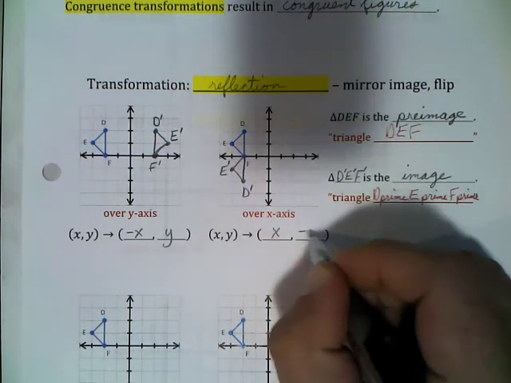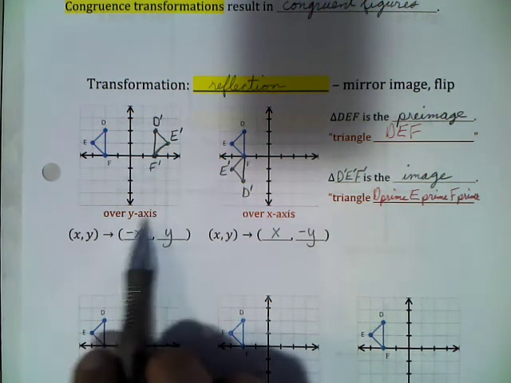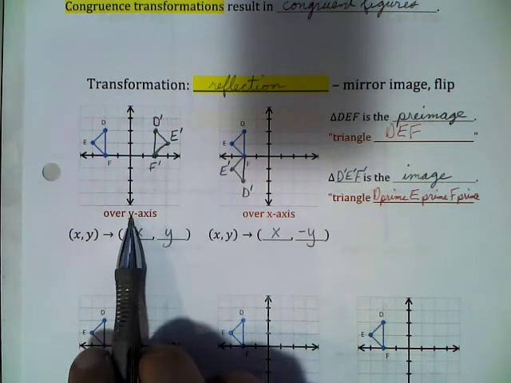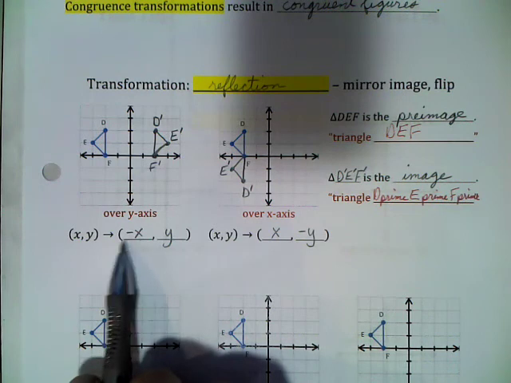The y values become their opposites. So if you reflect over an axis, whatever axis you're reflecting over, that axis's values stay the same, and the other axis's values flip, which we express with a negative.